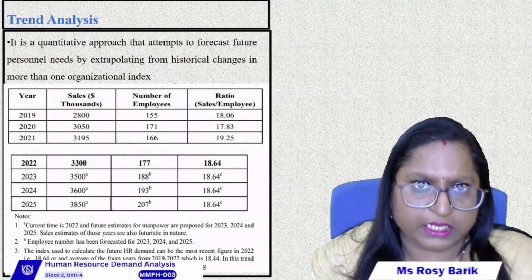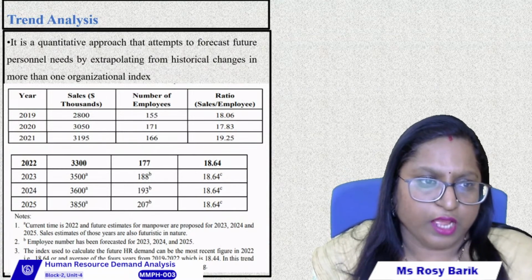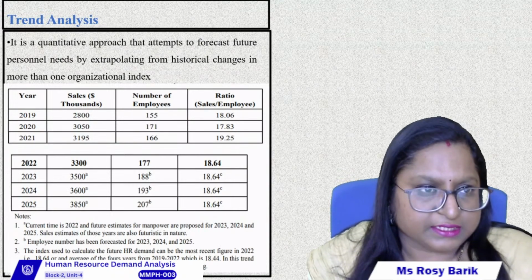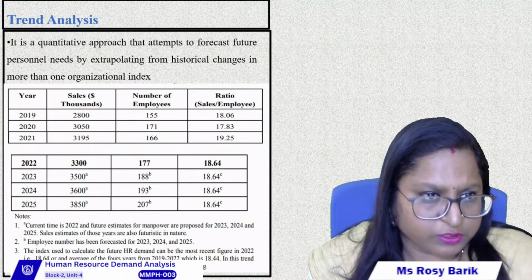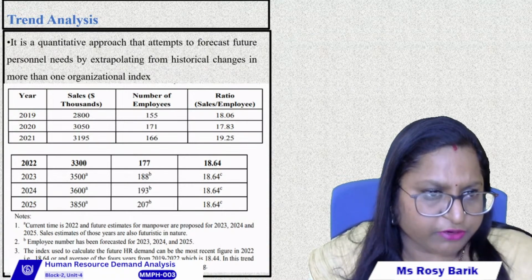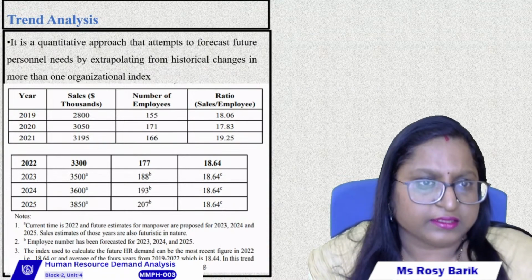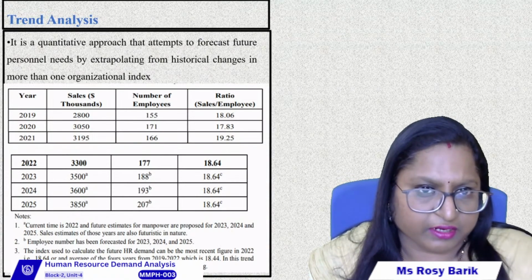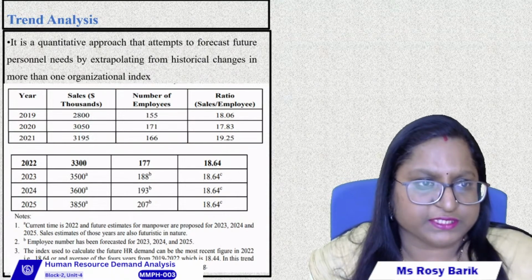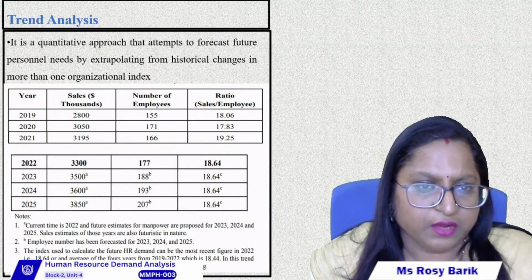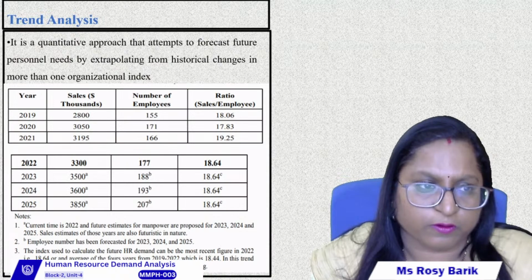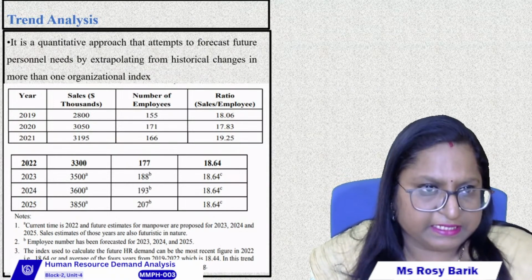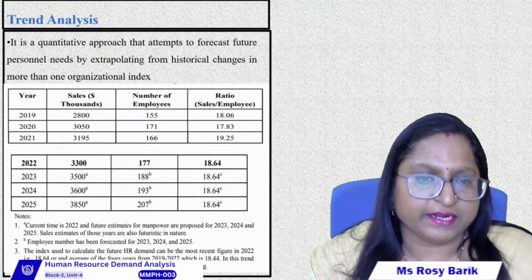Suppose we consider 2022 as the current year, as given in the table. The sales in thousands in 2022 is 3300, the number of employees in 2022 is 177, whereas the ratio of sales and employees gives 18.64. So we can foresee the sales, the number of employees and ratios.